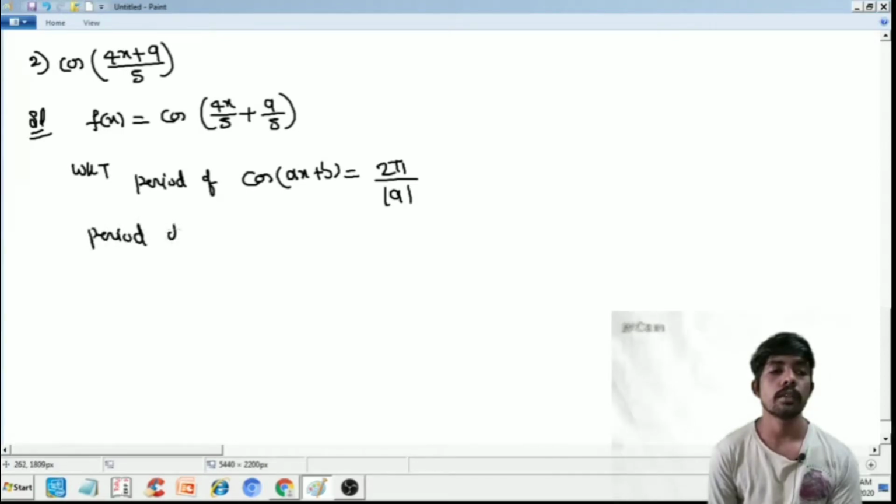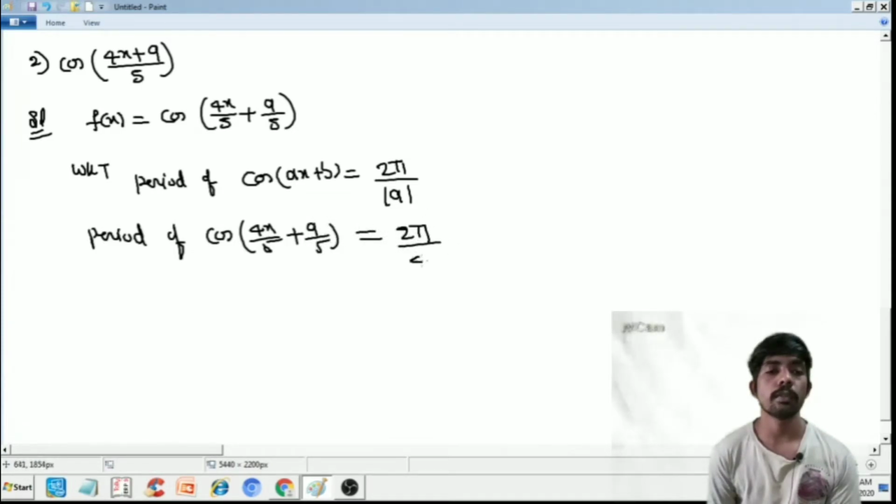The period of cos of 4x by 5 plus 9 by 5 is 2 pi by a, where a is 4 by 5. From here the 2s cancel, hence 5 pi by 2 is the solution for the period of the second question. This is the period of the given function.